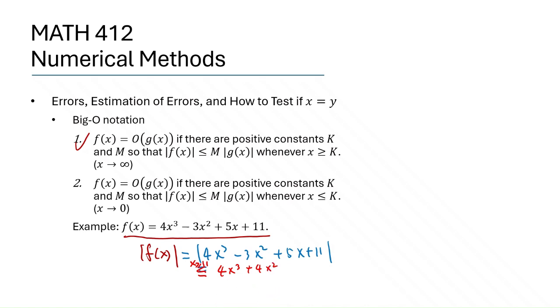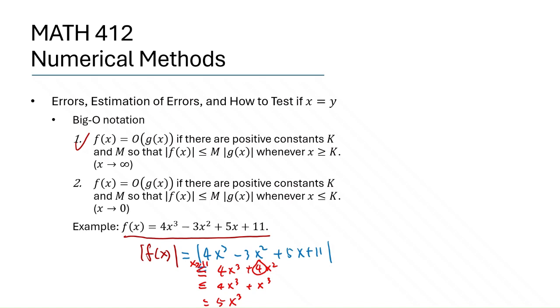Again, under the same condition, x greater than or equal to 11, this is less than or equal to 4x cubed plus x cubed, because 4 is less than 11. So you have 5x cubed.